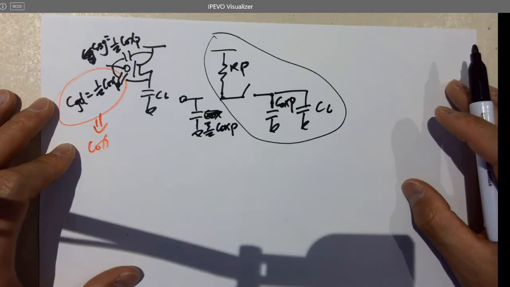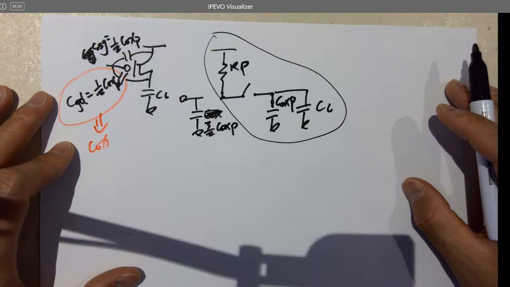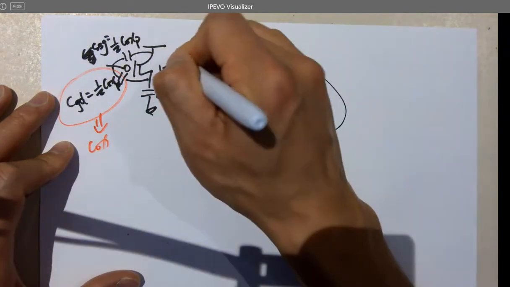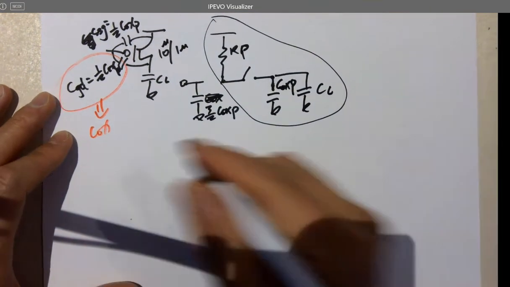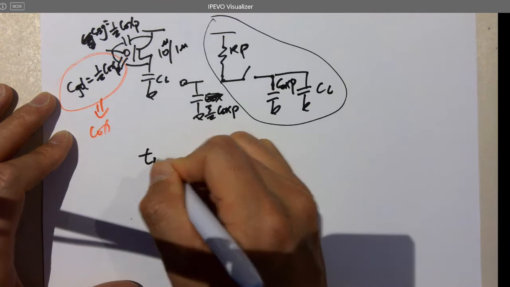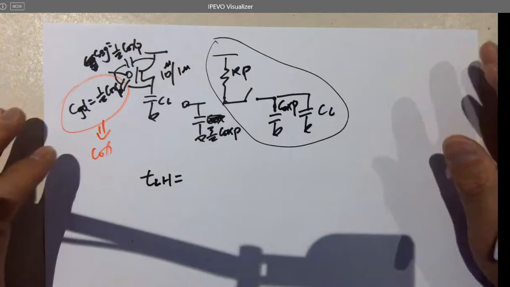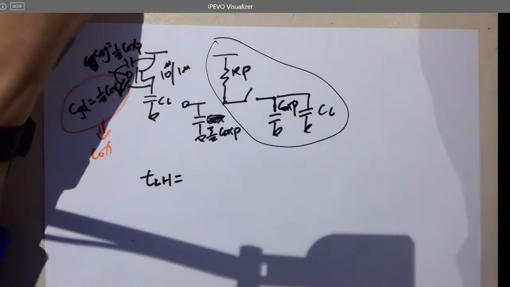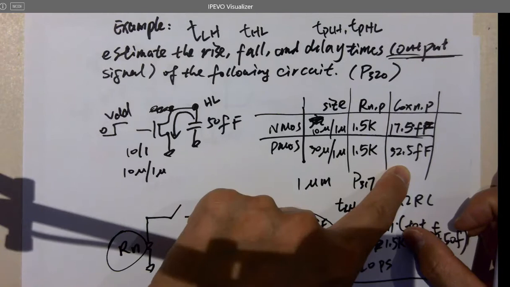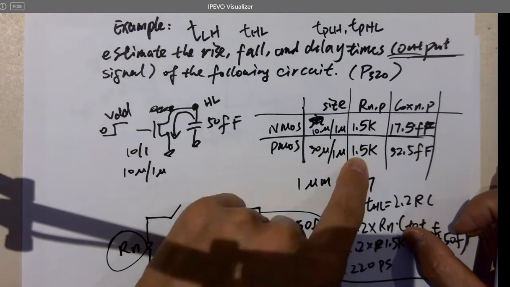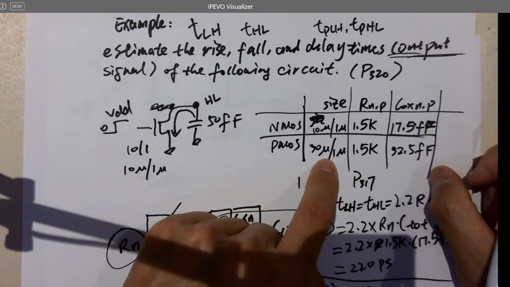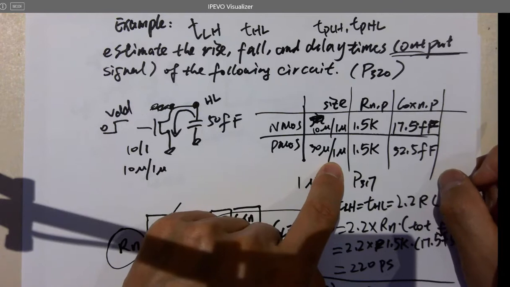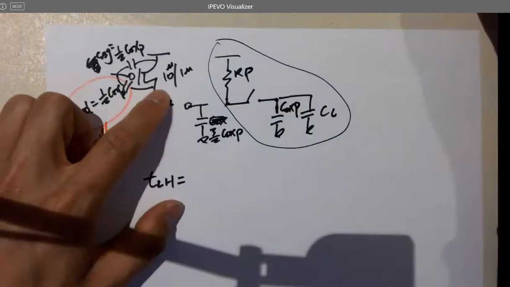All right. If this one is also 10 micron over 1 micron, so what is TLH? You can calculate here. What is TLH? Use the same parameters. So these are the parameters here, right? So RP and Cox P are based on 30 micron over 1 micron. And now this is 10 to 1.